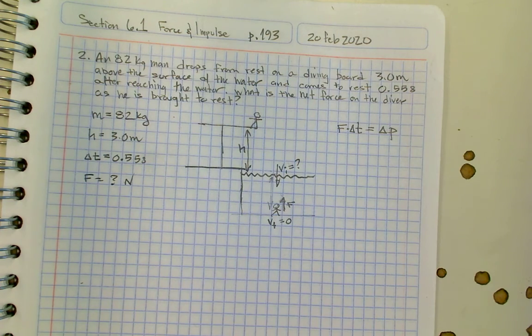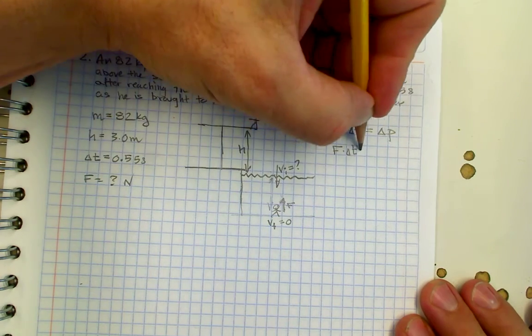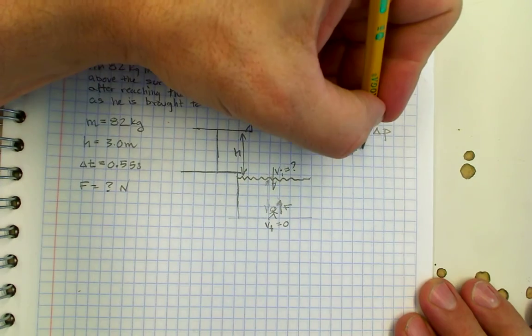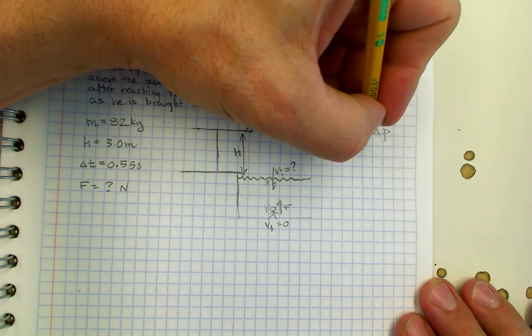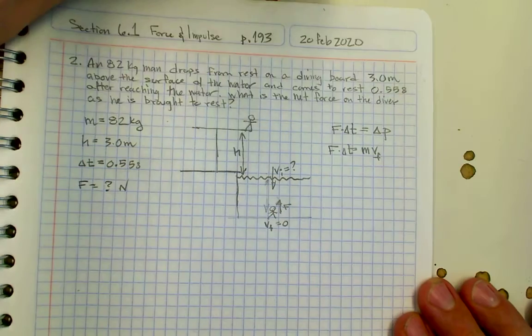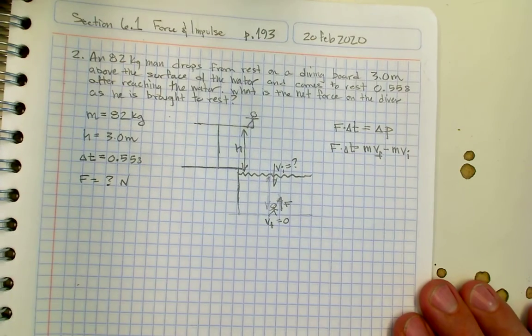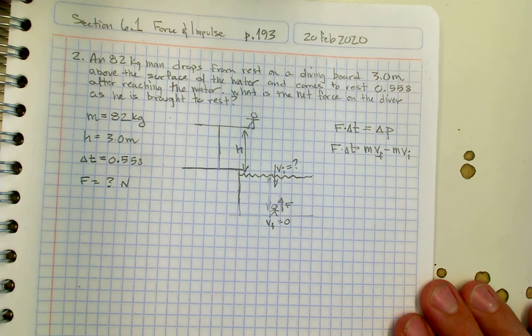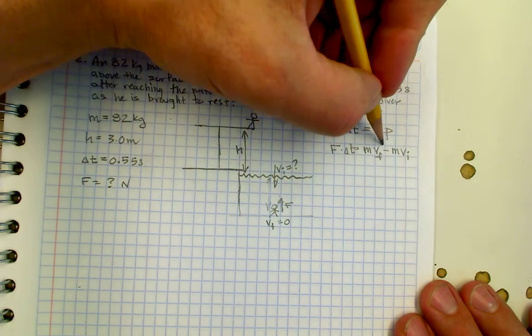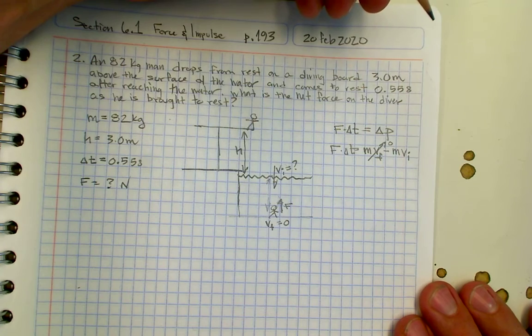So let's expand our formula. F delta t is equal to the final momentum, which is going to be mv final, minus mv initial. And we know that his final momentum is 0 because his final speed is 0.